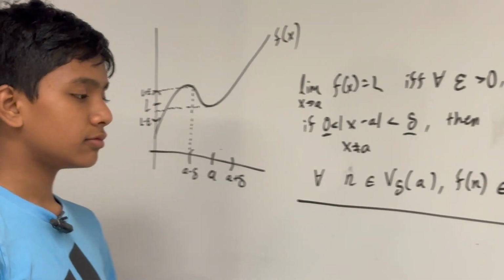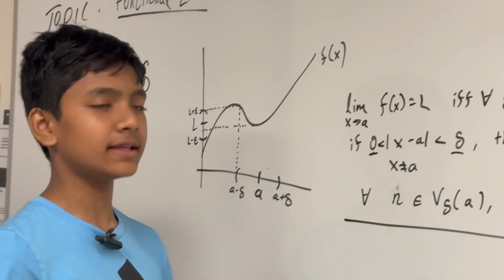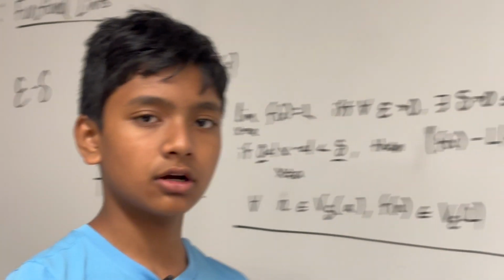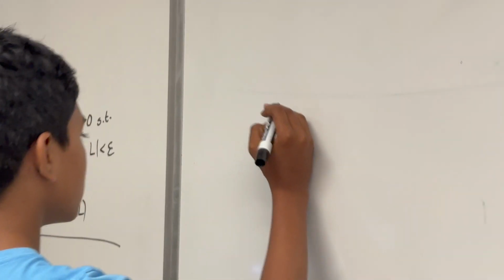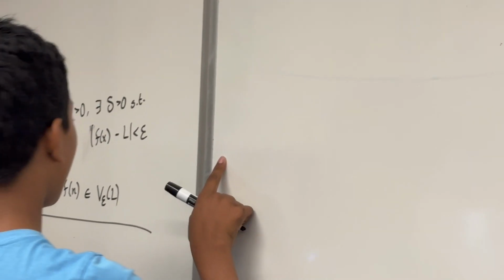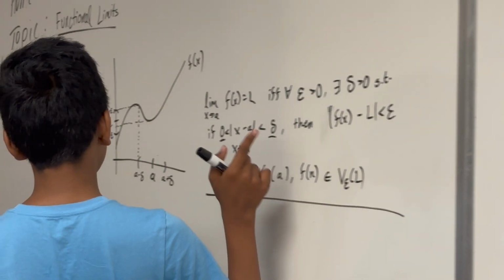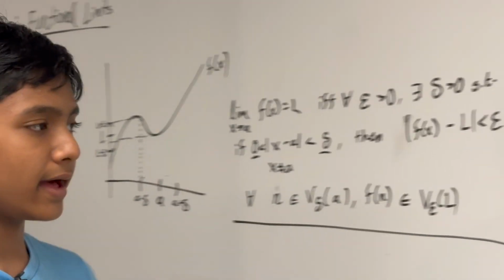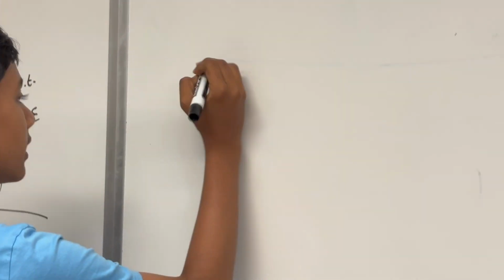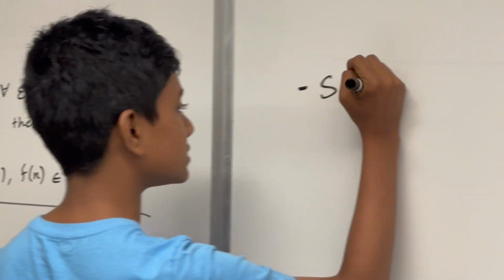Alright, so more formally, what does this mean? Well, this is as formal as we can get. So what are some corollaries that we can take from this? Well, how do we want to prove that a function converges to L? That can be done via sequences.